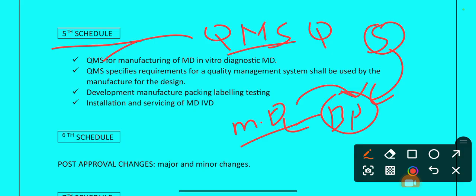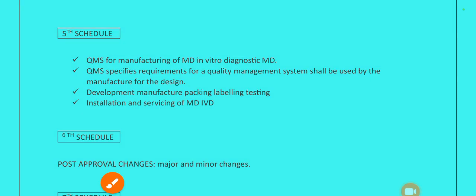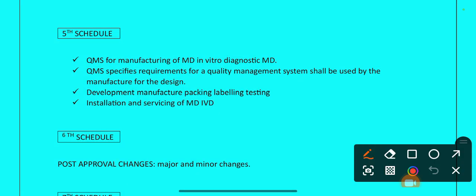Okay, so quality management for manufacturing of medical devices and in vitro diagnostic medical devices. Next point: the requirements specified in the quality management system shall be used by the manufacturer in the design.